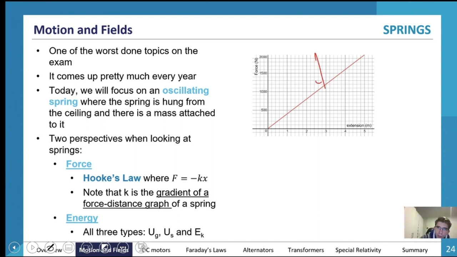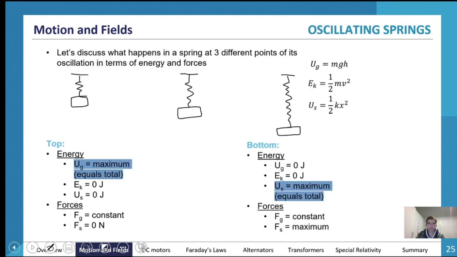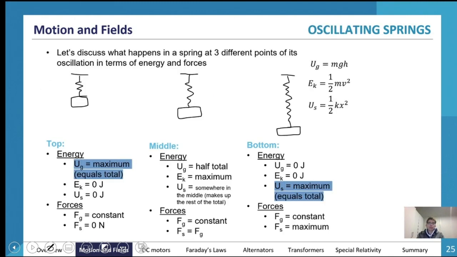It's the gradient here, it's the rise over run. The energy will be the area under that graph. This is the oscillating spring I was referring to before.